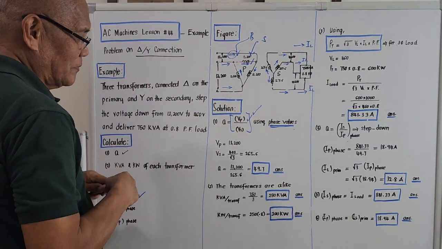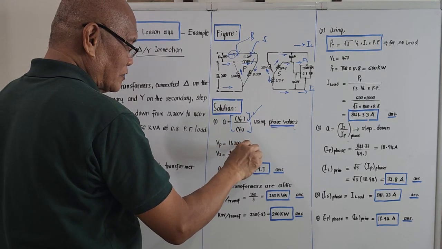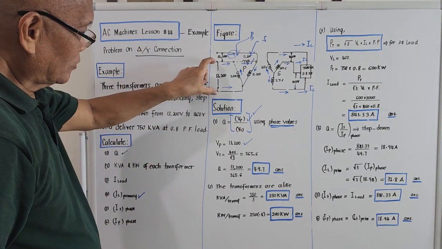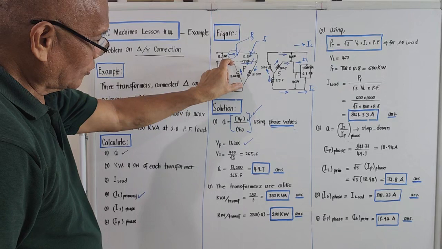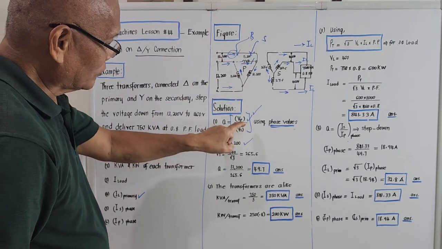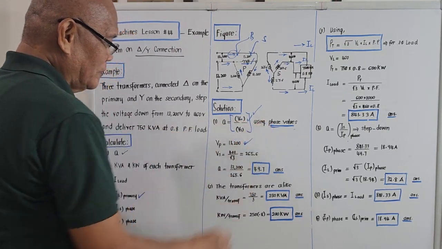So I place it here. On the primary side, the phase voltage is 13,200 also. The line-to-line voltage is 13,200, and since the connection is delta, the phase voltage should also be equal to 13,200. So if you substitute values here, we will use the 13,200.